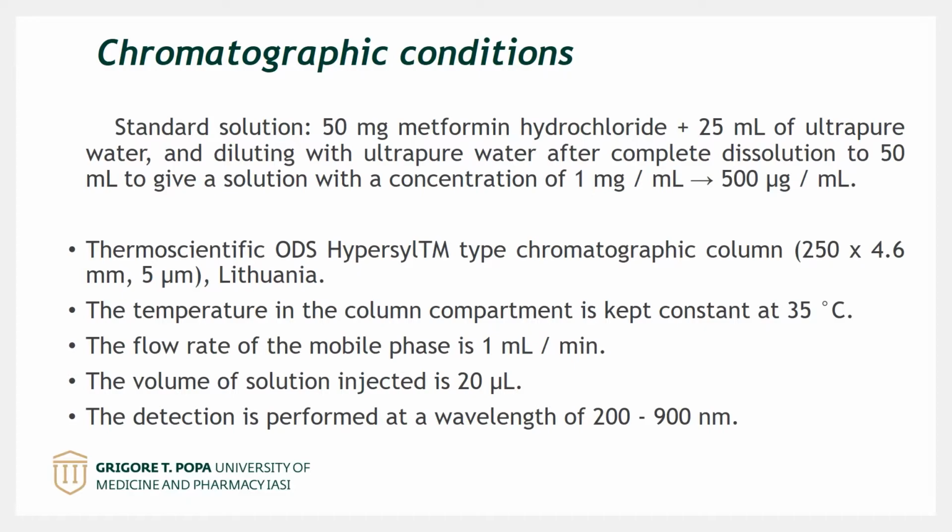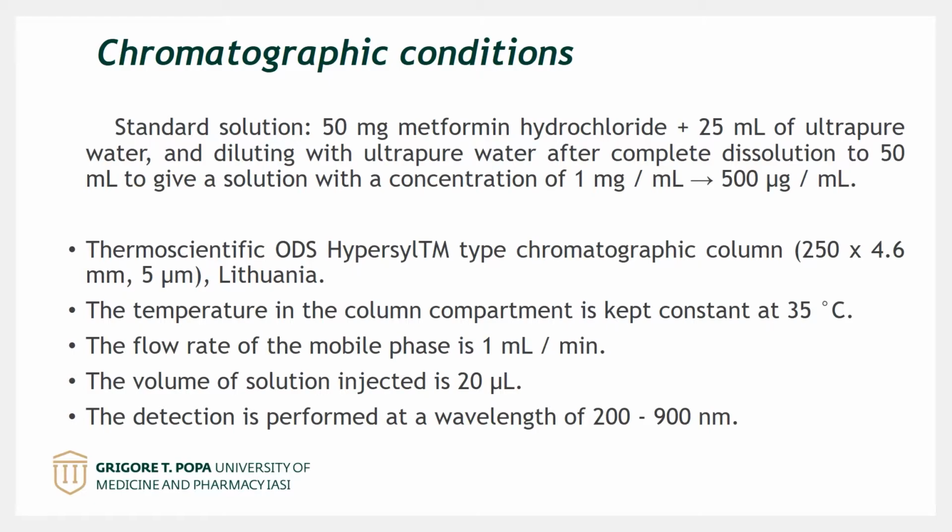From here we prepared the working solution with a concentration of 500 micrograms per milliliter by dilution with water. A volume of 20 microliters of working solution was analyzed by HPLC using a Thermo Scientific ODS Hypersil type chromatographic column, 250 by 4.6 millimeters, 5 micrometers.